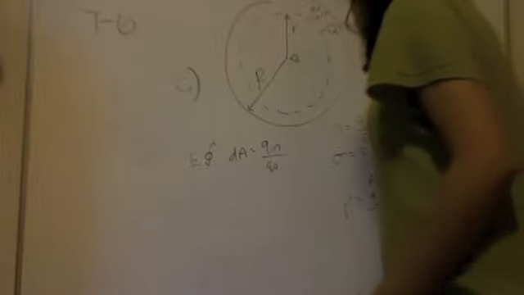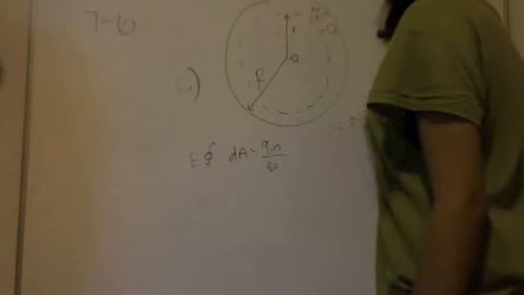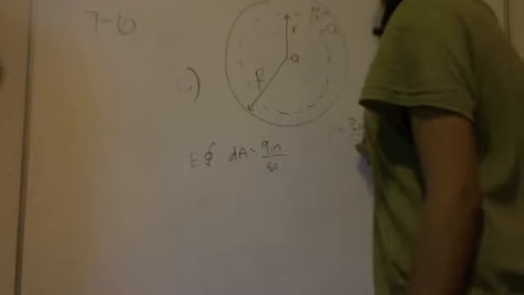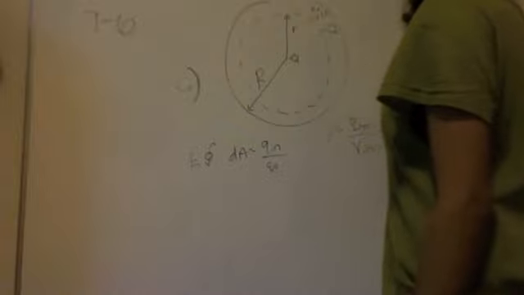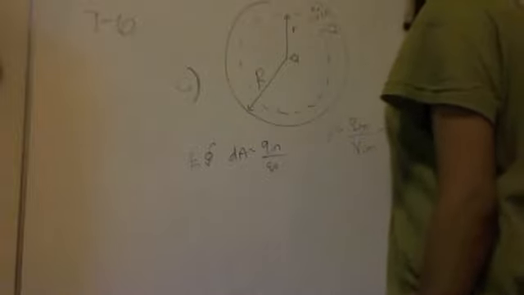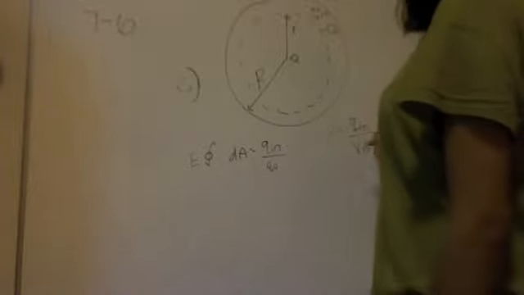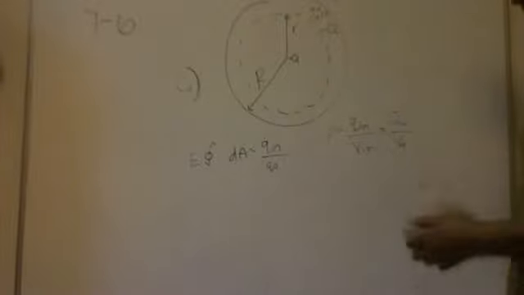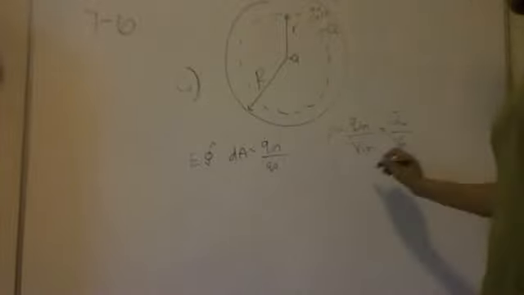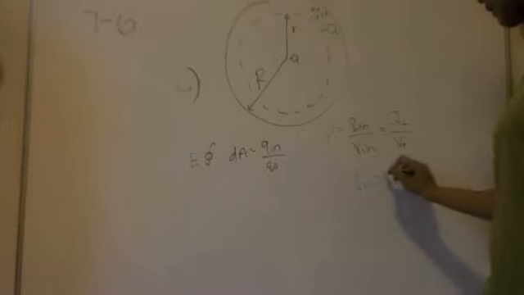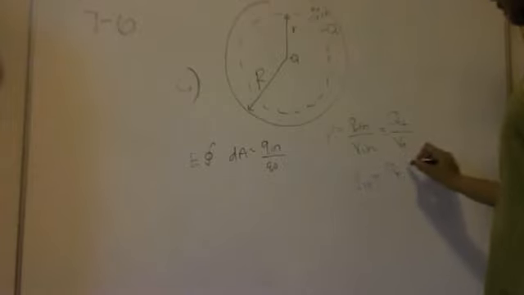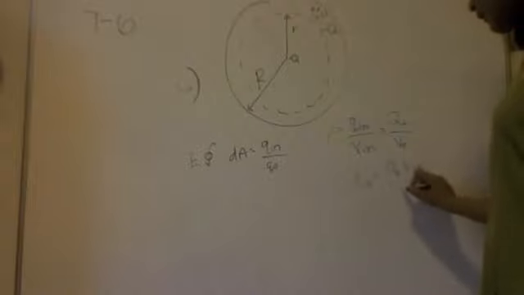So if we use rho, rho is equal to Q enclosed over V enclosed, which is also equal to Q total over the volume total. Since you're solving for Q enclosed to get this part of Gauss's law, Q enclosed is equal to Q total times V enclosed over V total.